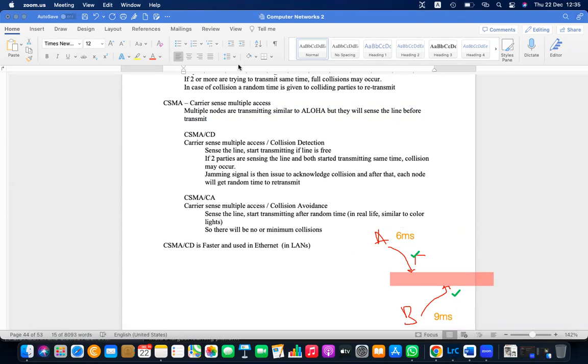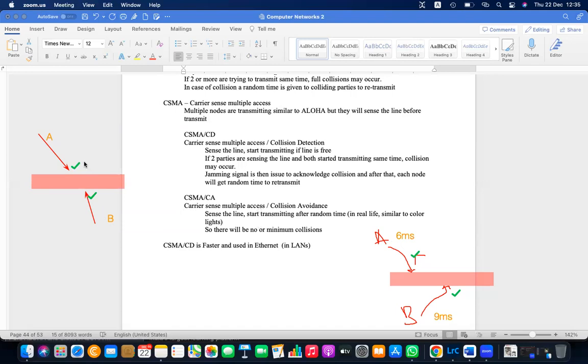Yes, sir. Okay, but CSMA/CD is this. In CSMA/CD, A will come and sense, the line is free, happy. B will come and sense at the same time, the line is free, so B is also happy. So what will happen?